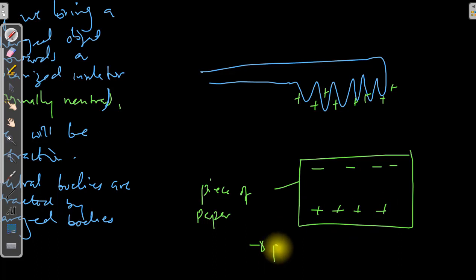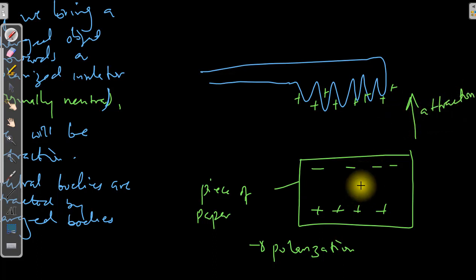That is something called polarization. We have just seen how this happens. And because the positive charges and the negative charges attract each other, and these two charges are nearer than the distance between the positive and positive, there is going to be greater attraction, and so the neutral paper is going to be attracted by the positively charged comb by this process of polarization.